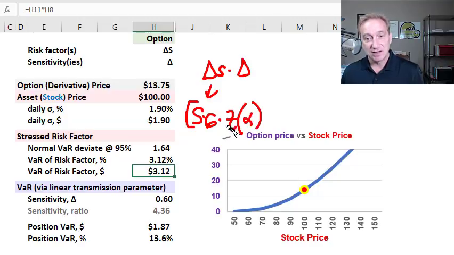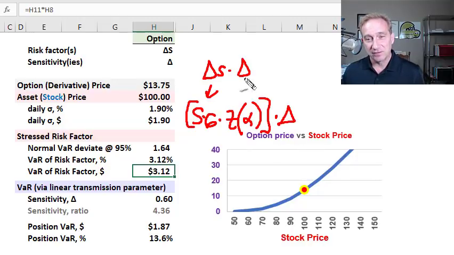Z indicates that we're talking about the standard normal distribution, in this case a 95% confidence or 5% significance. So that describes the worst expected change in our stock price, a drop of $3.12, and that's going to be multiplied by our sensitivity to that change in the risk factor. We're holding the option.